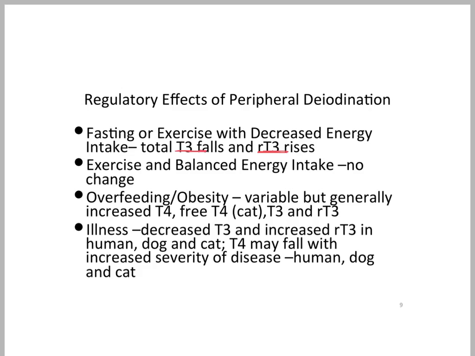So in general, the regulation can go both ways. We already mentioned illness, and generally we see reduced T3 and increased reverse T3 in human, dog, and cat, and it takes very severe illness before we start to get a suppression of T4, and that's probably due to pituitary TSH secretion falling eventually in severe illness.